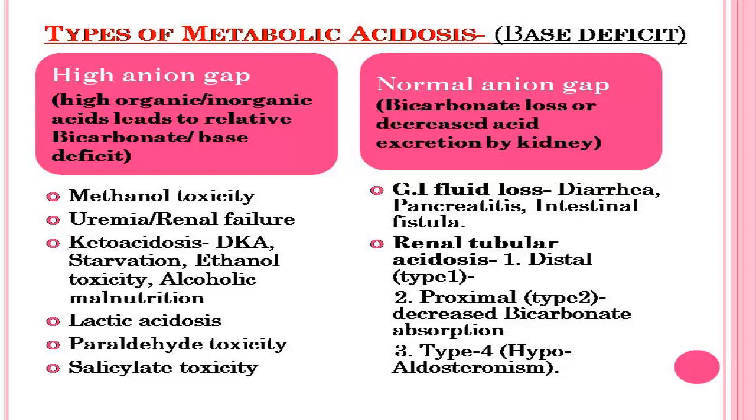Now another thing, that is the lactic acidosis. This is again a cause where the acids are added in excess amount to the system, leading to the metabolic acidosis, relative base deficit. And another thing, that is the ketoacidosis, that is diabetic ketoacidosis, starvation ketoacidosis, alcoholic malnutrition.